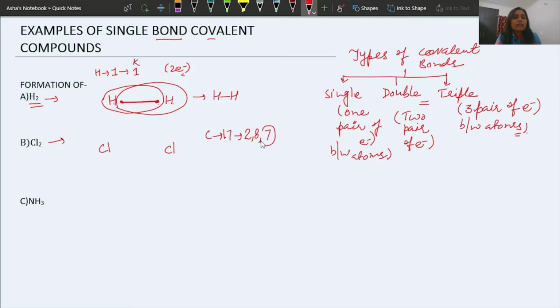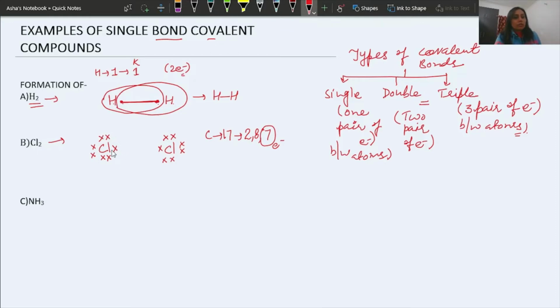So there are 7 valence electrons, and you will have to draw them around it. 1, 2, 3, 4, 5, 6, 7. You can change the symbol. Here I am making a cross so that you can differentiate easily from H2. 1, 2, 3, 4, 5, 6, 7. 7 valence electrons of this Cl, 7 valence electrons of this Cl.